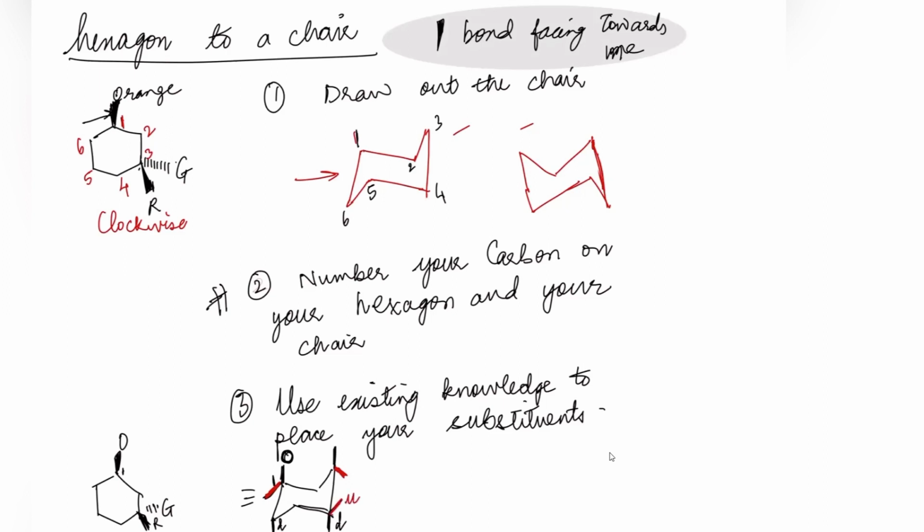All right, so now orange is going to end up on the bond facing up, and then 1, 2, 3. The red is going to be the bond facing up, and green would be the bond facing down. Cool. So this is where our substituents would end up.